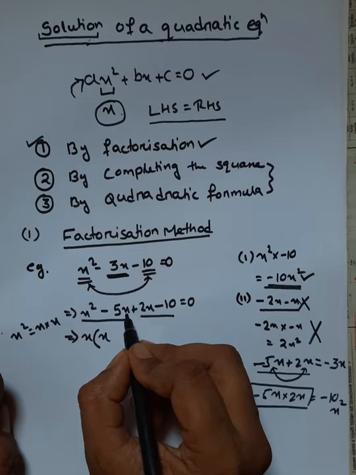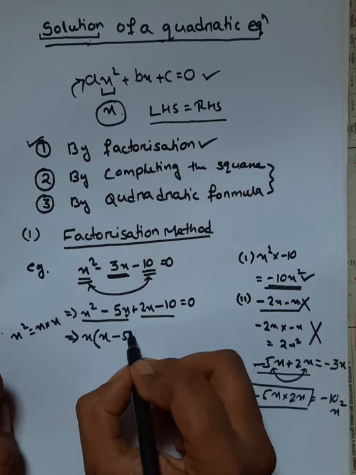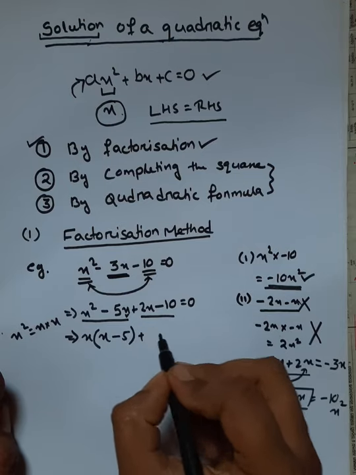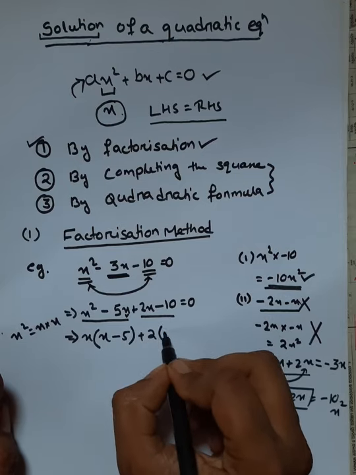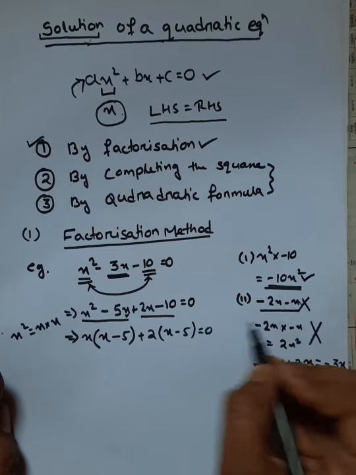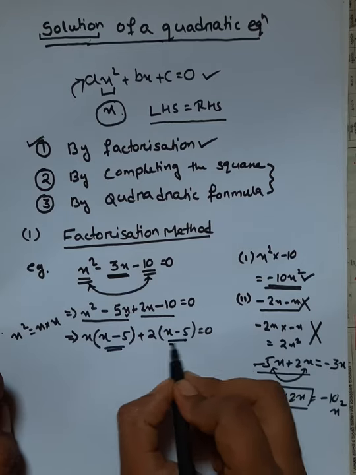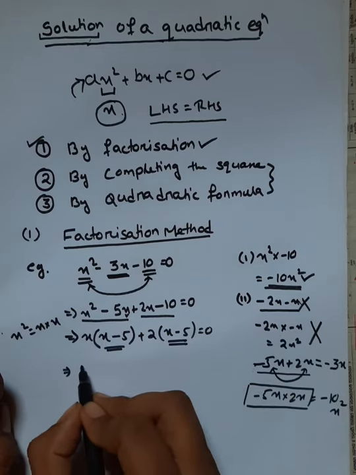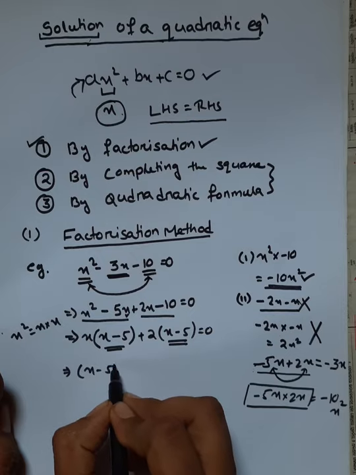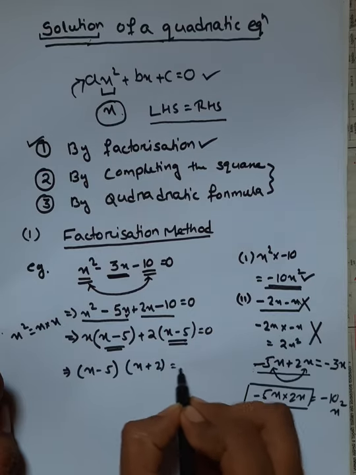Now if we take x common from minus 5x, then there will be minus 5. Similarly, we can take 2 common from 2x minus 10, this will be x minus 5. See, now x minus 5 is common, so we can take x minus 5 as common, so it is x minus 5 into x plus 2 is equal to 0.